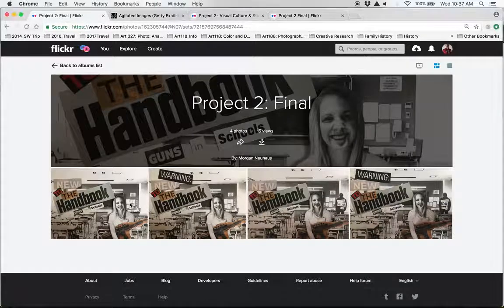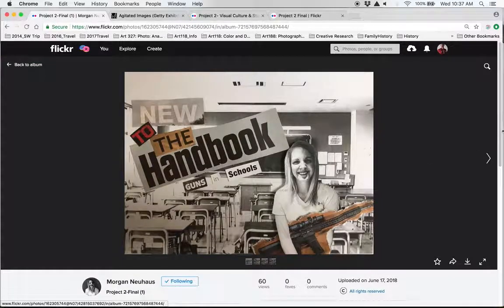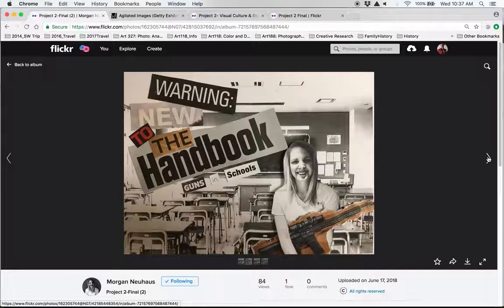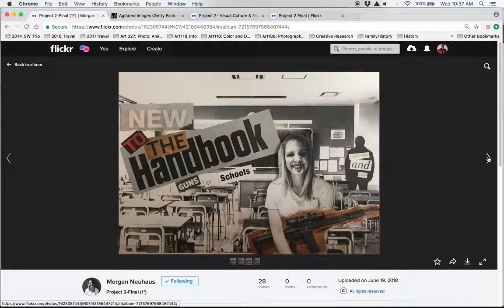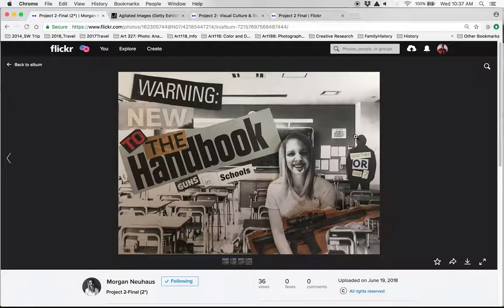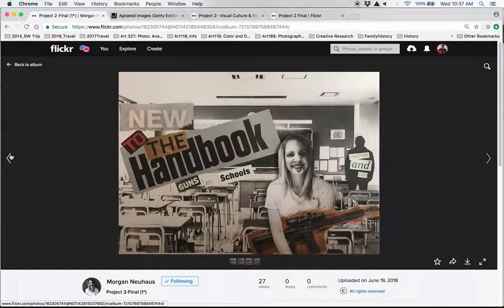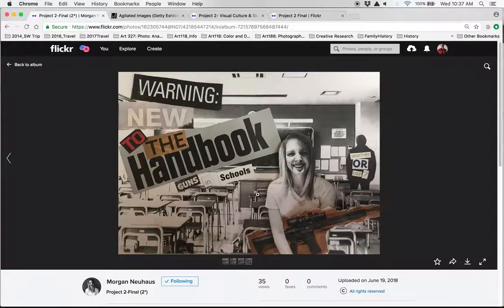We have a few variations on Flickr, and your subject is obvious. Guns in school, and then you're the figure with the gun, and there's no students in that space, so it definitely gets across that idea of the teacher with the gun.